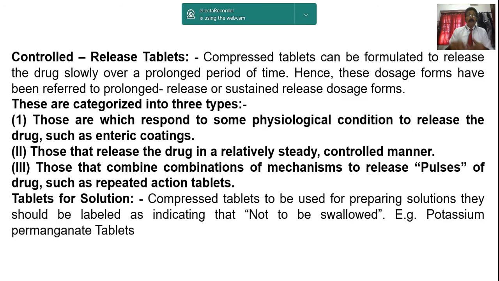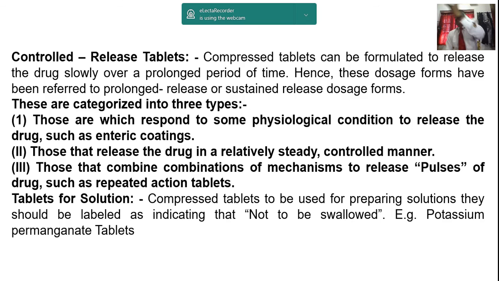And tablet for solution. What is the tablet for solution? Compressed tablets are sometimes used this way. They will take and mix it. Usually it is for laboratory purpose. For example, there are tablets available in the market for your laboratory. If they want to prepare 1 molar solution, 2 molar solution, 0.1 molar solution, there will be some tablets available.